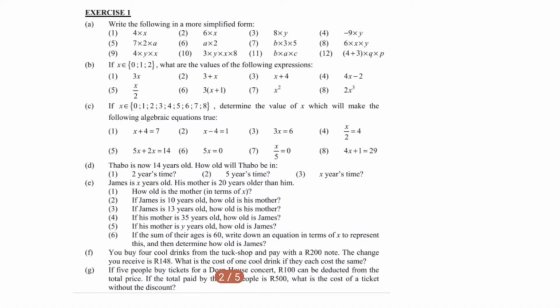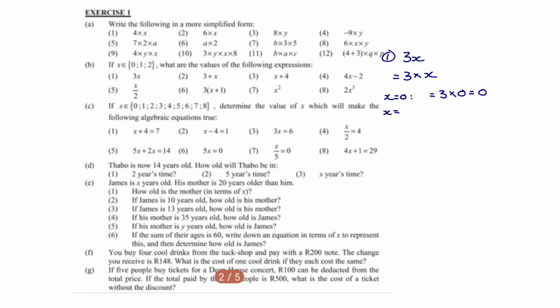what are the values of the following expressions? Okay, let's look at number 1. There we have 3x. Now we've seen in the previous exercise, 3x means 3 times x. So now, for x equal to 0, if x is equal to 0, then it's going to be 3 times 0, which is 0.